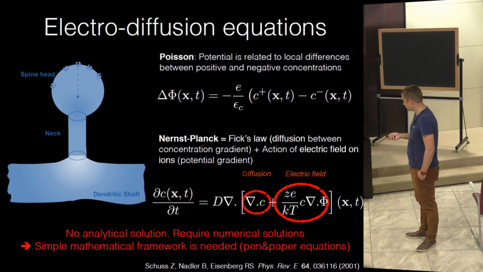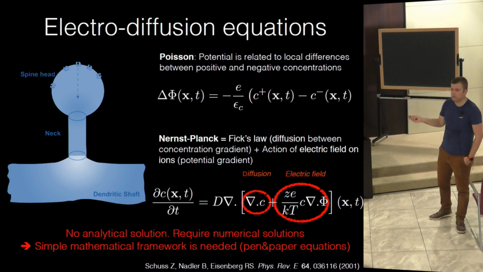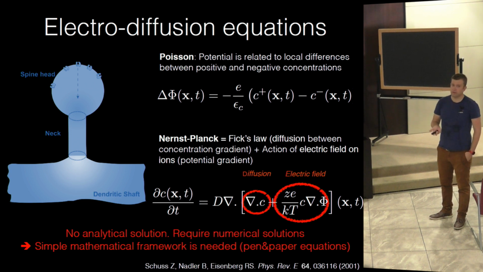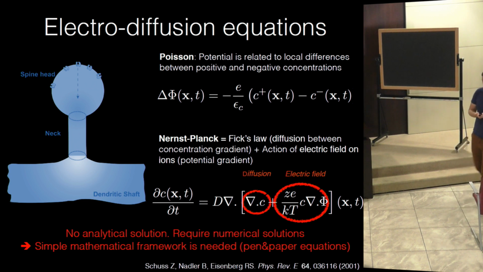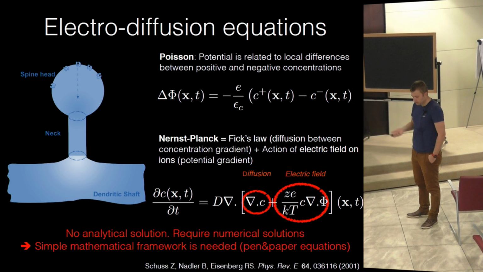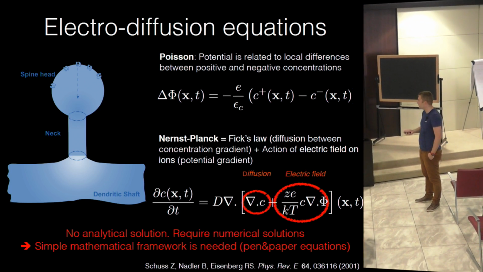There is no analytical solution except in a 1D system or a really constrained system. So typically what people do is some simulation, as Jérôme showed you on Monday. You can use a 3D COMSOL simulation to explore these different parameters.